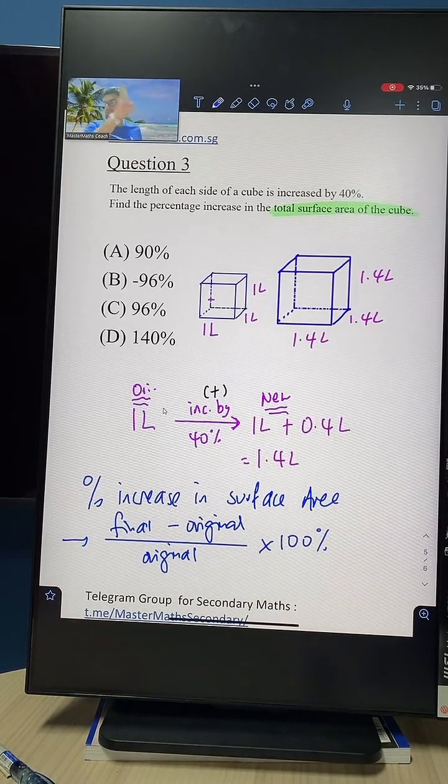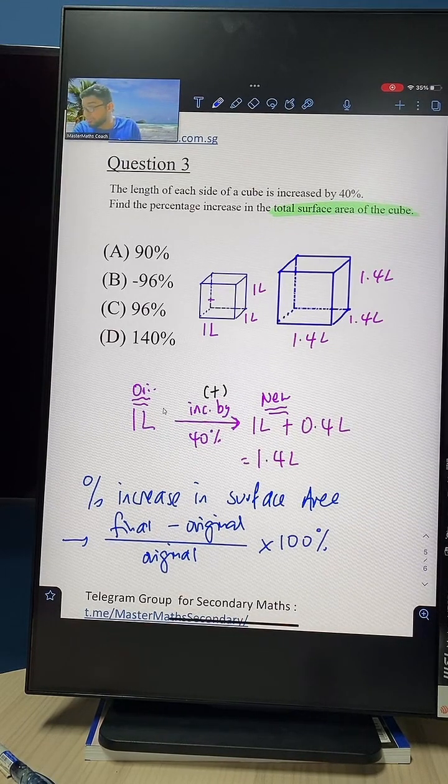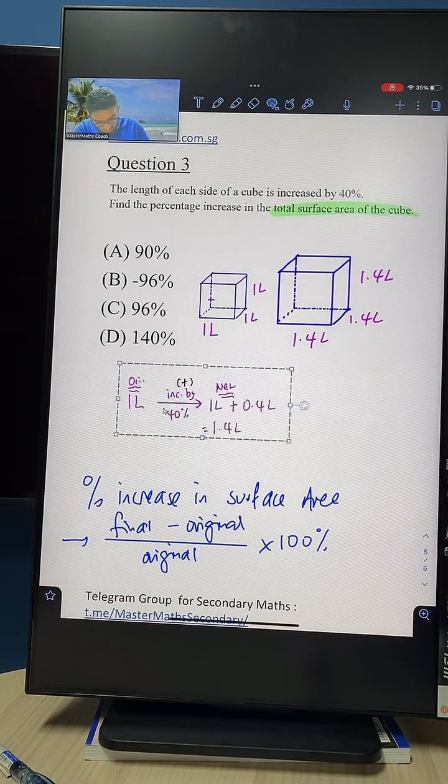Now with that you are able to solve this particular question already. Let me just make this a bit smaller.